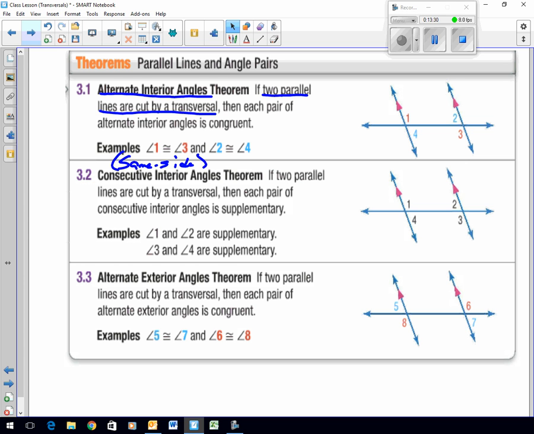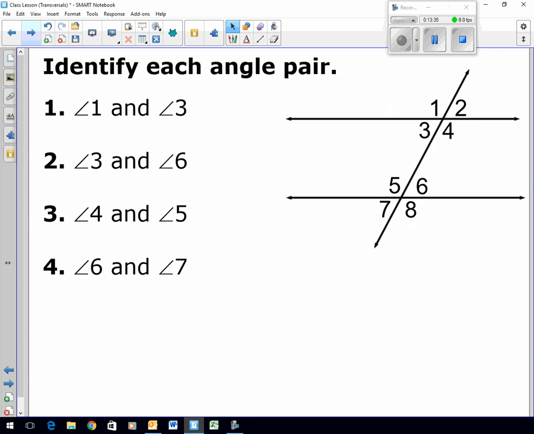Let's go right into it. Okay? Here we go. Check it out, guys. Alright. Hey, let me help you out here. I need to identify each angle pair. Okay? Identify the angle pair. 1 and 3, what are they? Alternate exterior. No, see, now you're off. See what happens to you?